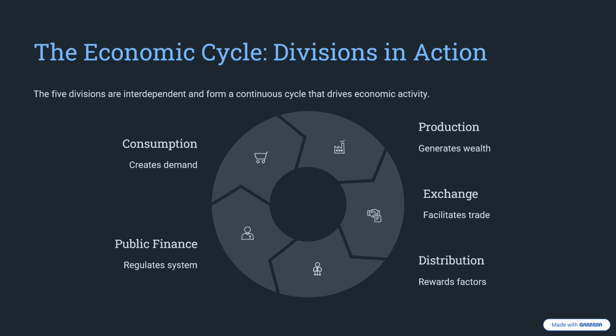In conclusion, the five divisions of economics, consumption, production, exchange, distribution, and public finance, cover the entire cycle of economic activity. They help in understanding how individuals satisfy their wants, how resources are utilized to produce goods, how goods are exchanged in markets, how income is distributed among different factors, and how the government intervenes to regulate and stabilize the economy.